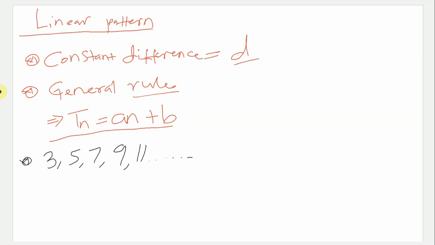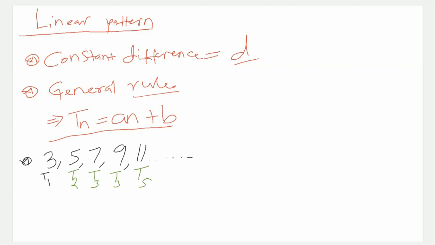By looking at this pattern, or we can call this a sequence because it's numbers, we have the terms such as T1, T2, T3, T4, and T5. So these are the terms in this sequence.